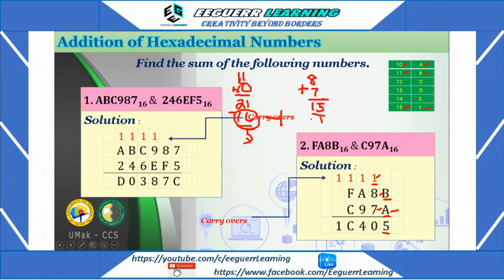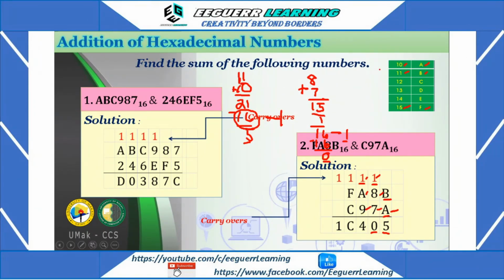So 15 plus 1 is 16. We subtract 16 minus 16, which gives us 0, and bring down 0 here, and 1 cycle of hexa we place as our carry of 1, and continue adding A plus 9 plus 1.